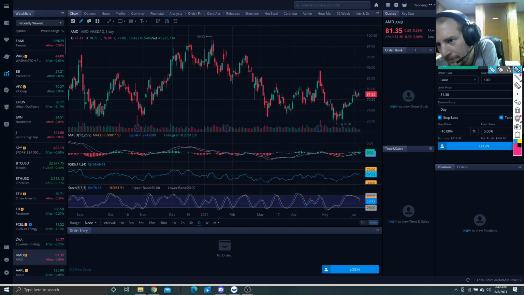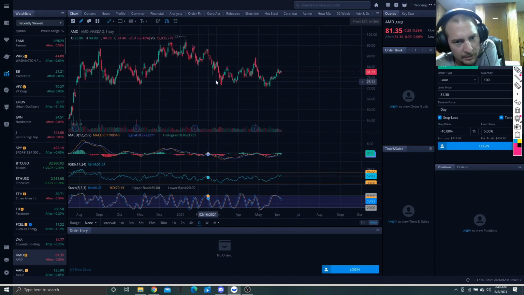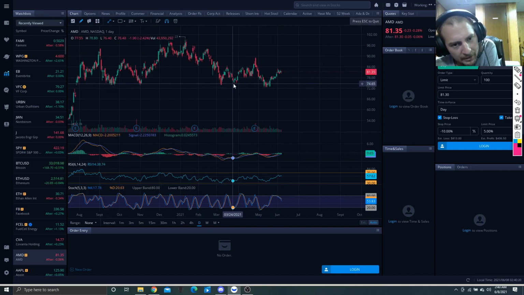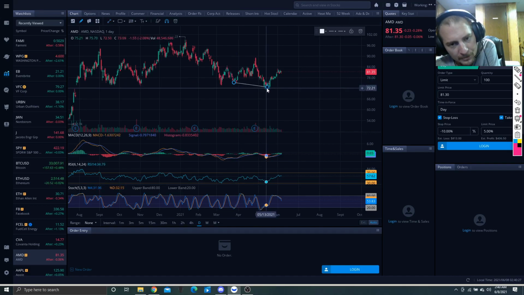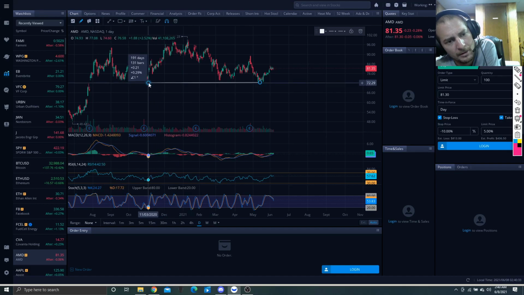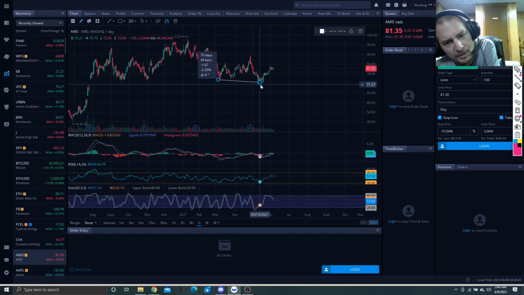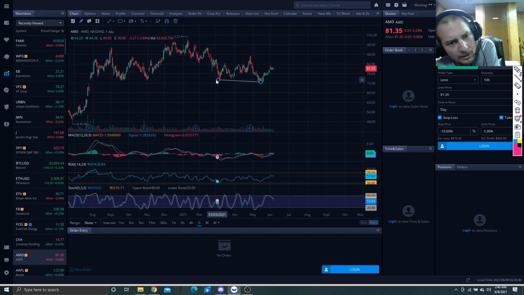Okay, so now that we have defined that, what we want to do is, in a downtrend, connect these swing lows to one another. Now, just for clarity's sake, you can connect any swing lows. So you can connect this swing low to this swing low, or this swing low to this swing low, but the more recent stuff is going to be more prominent, and you cannot cross other price action with this.